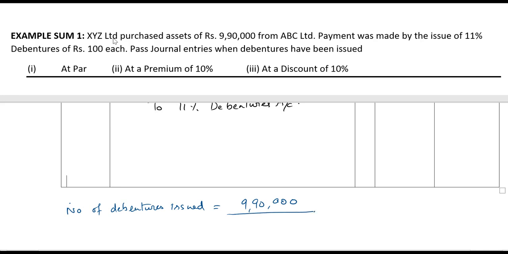The debenture in the third case has been issued at a discount of 10% on the face value. So the discount amount per debenture is 10 rupees and the issue price is 100 rupees minus 10 rupees, comes up to 90 rupees. So the number of debentures is 11,000 debentures issued.